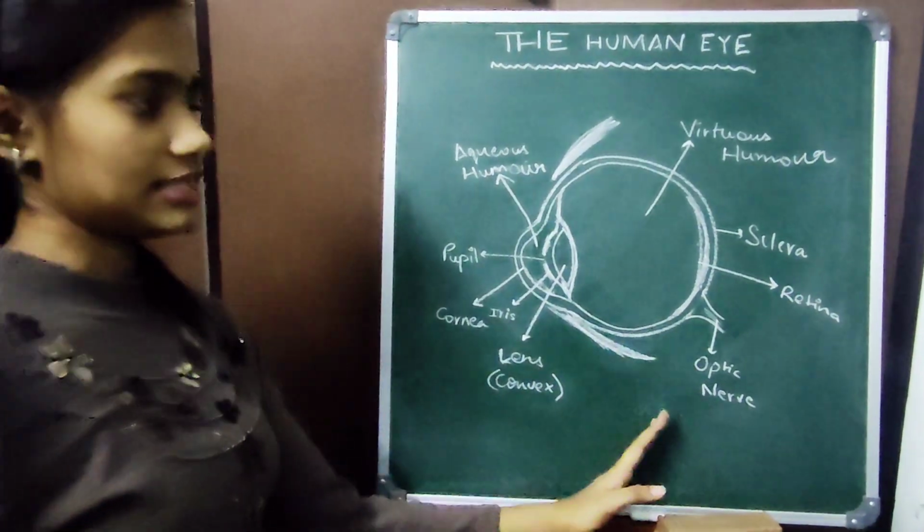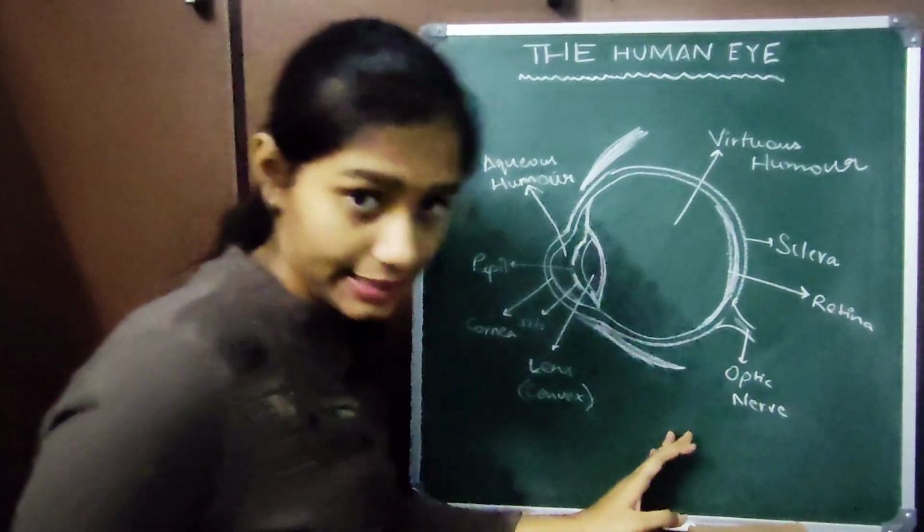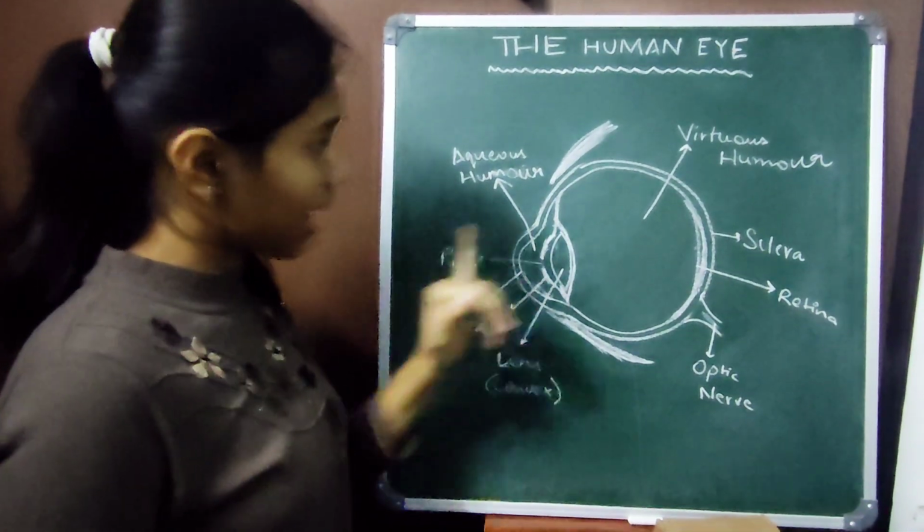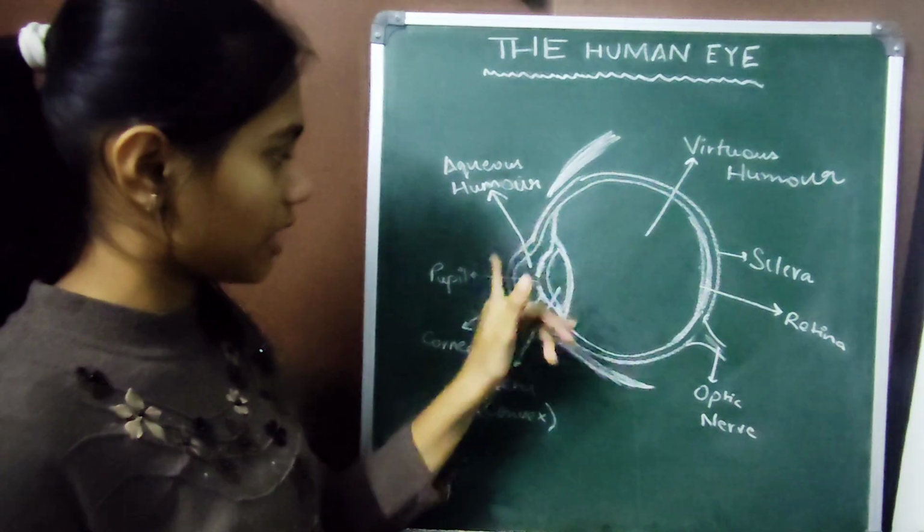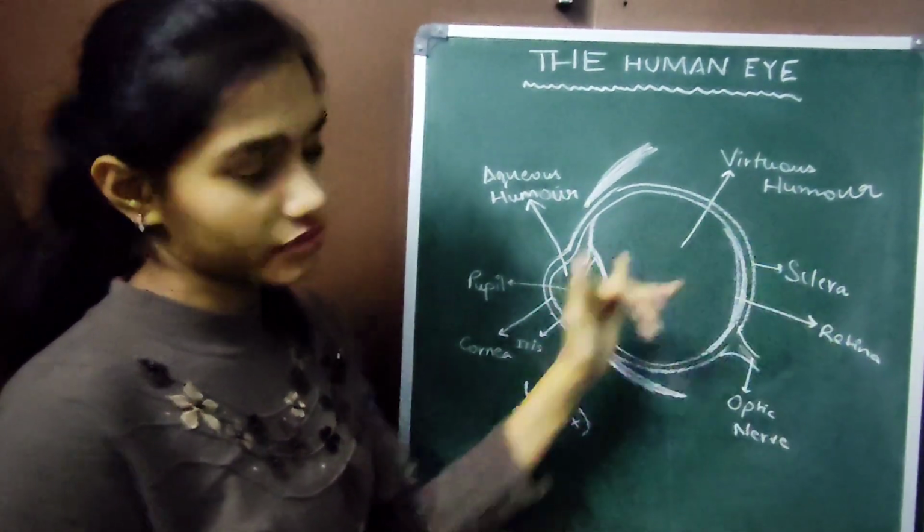Okay, so this is a labelled diagram of the human eye. First, we have the sclera. The outer boundary of the eye is the sclera.